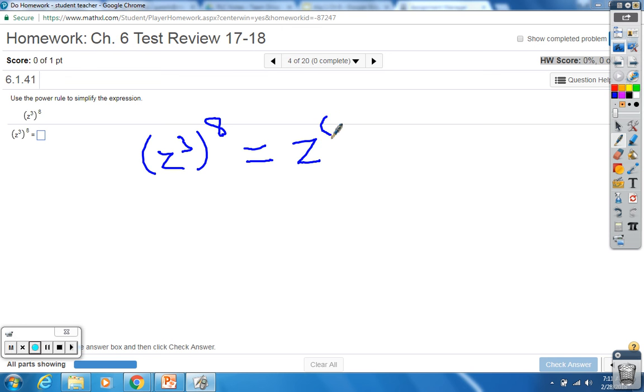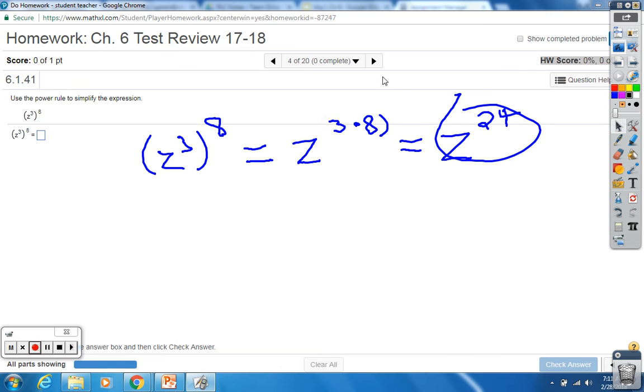So we'll have z, 3 times 8 in the exponent. So what that'll leave us with would be z to the 24th. And that would be our final answer.